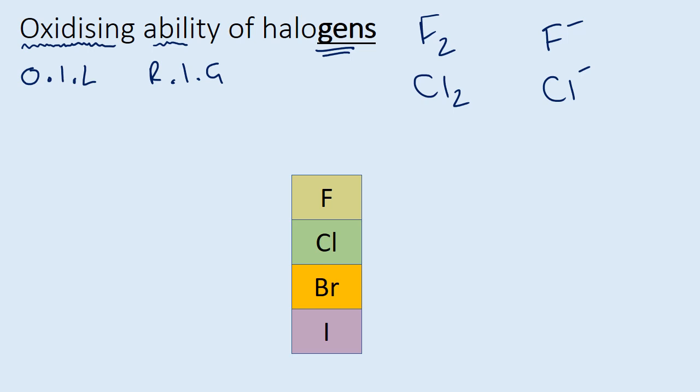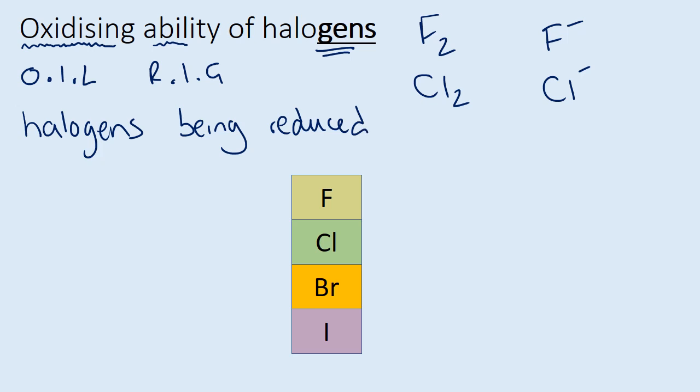So if you are oxidizing something else, in return you are taking electrons from something, so you are being reduced. So we could change this phrase into: how easily are halogens reduced? It's the same thing. If you're an oxidizing agent, your oxidizing ability is measured by how good you are at taking those electrons.